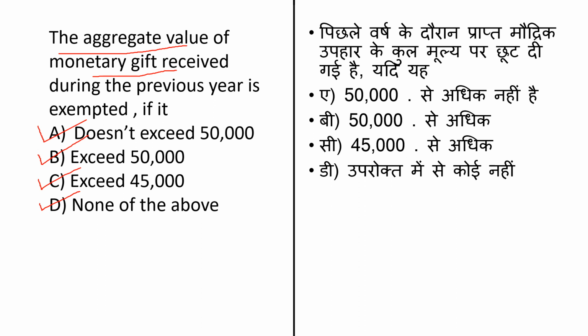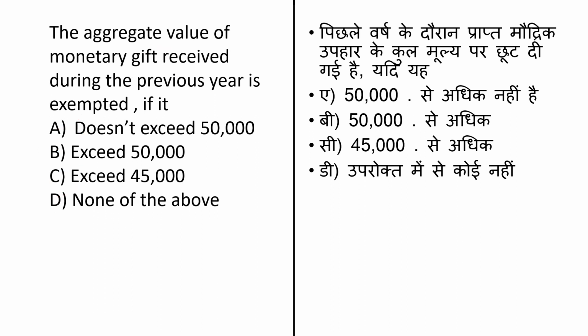Apart from marriage, there is no other occasion when a monetary gift received by the individual is not charged to tax. If you are getting married and receiving many gifts, there will be no tax on those gifts because you are receiving them on your marriage occasion.